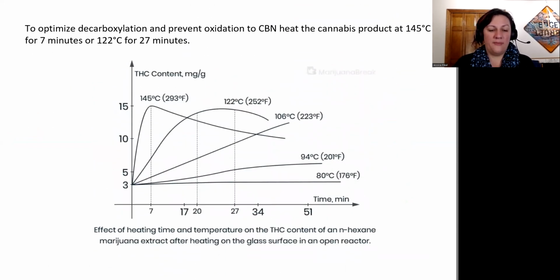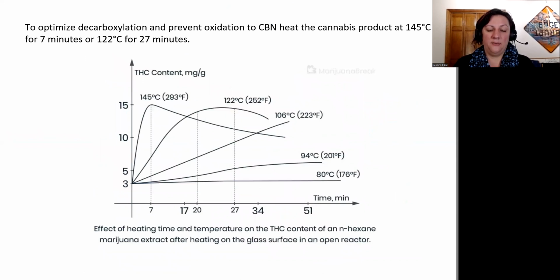So this graph is looking at different temperatures and optimizing for the amount of THC that's present in material. This is looking at THC content for a cannabis extract. It was actually using n-hexane, and then the solvent was removed, and then it was decarboxylated.